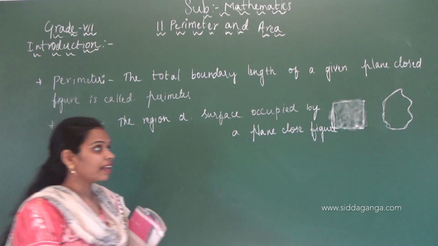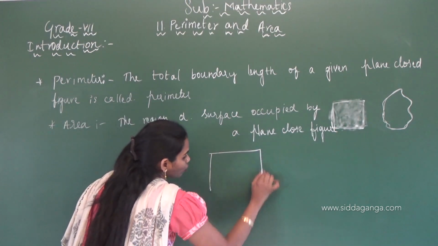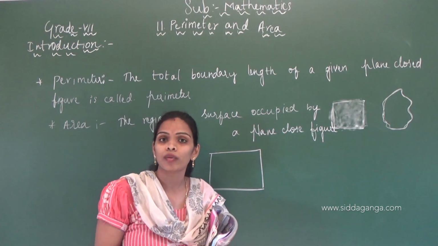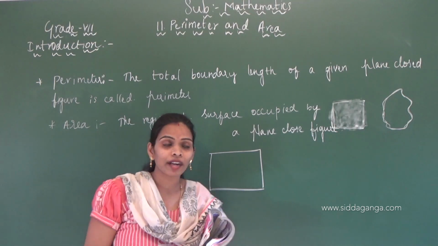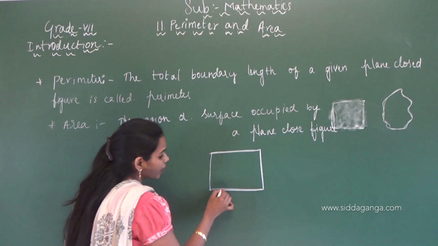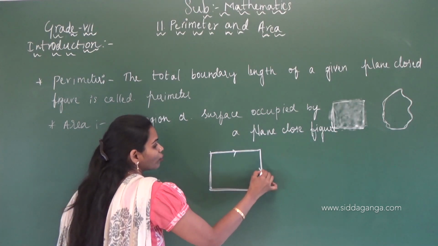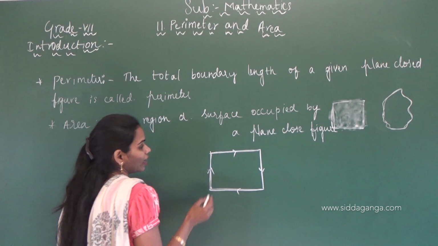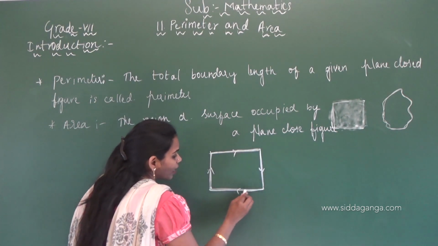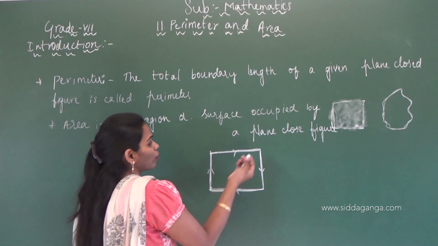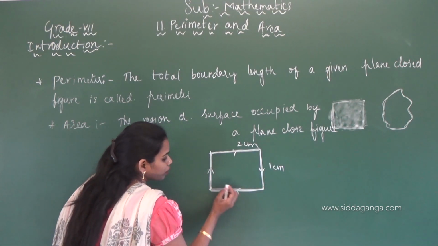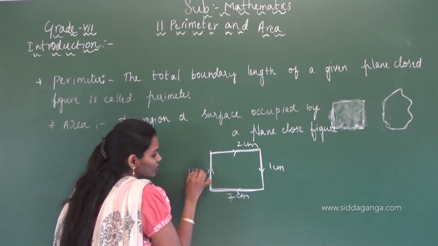Whatever the figure may be, parallelogram or rectangle or square or triangle, the total boundary length of a given figure, for example: this is 2 centimeters, 1 centimeter, 2 centimeters and 1 centimeter.